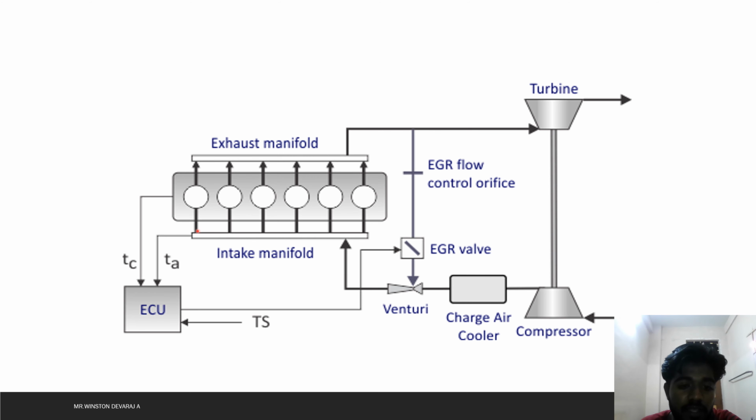The intake manifold and exhaust manifold are input for the ECU, and it is controlling the EGR valve, which controls the venturi, and again it's going back to the intake manifold. It's a complex system. So here we can understand how reliability became the concern in the past.